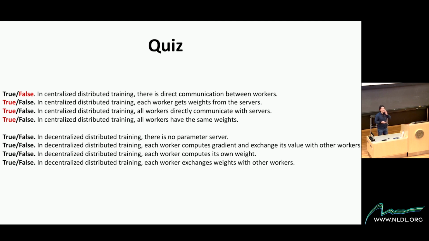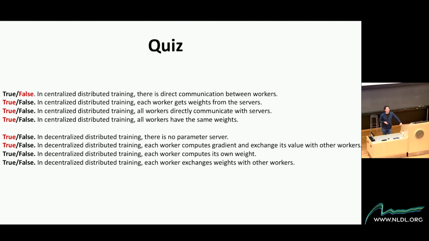Okay, let's go to the second part. In decentralized distributed training, there is no parameter server. True. That's correct. Each worker computes gradients and exchanges their values with other workers. True, that's obvious.